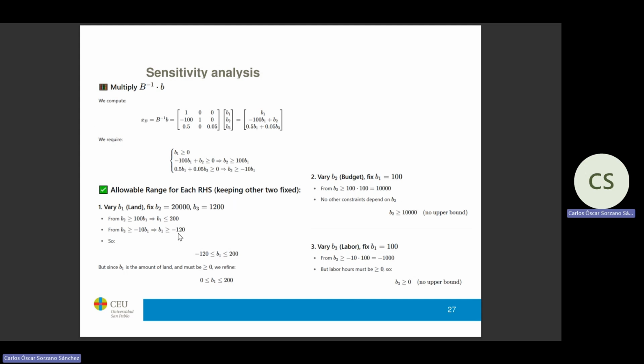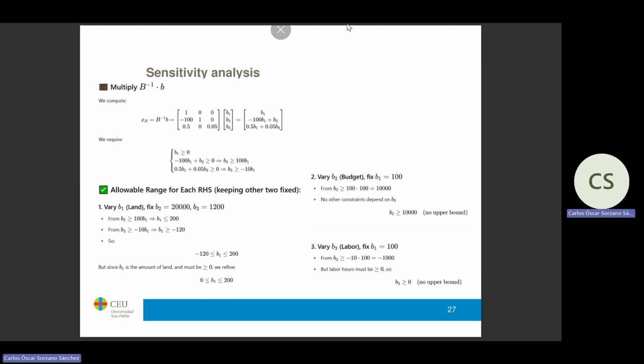So if we put all this together, b1 has to be larger than minus 120 and smaller than 200. Because b1 has to be larger than 0, this is the final range. So the solution that we currently have will be the best solution as long as b1 stays between 0 and 200.